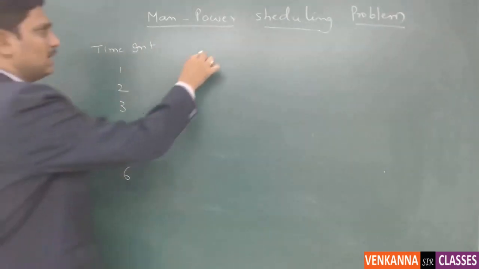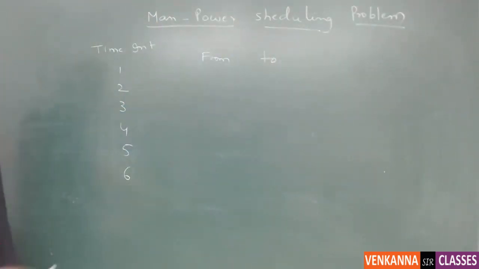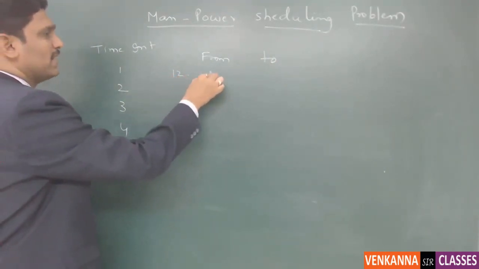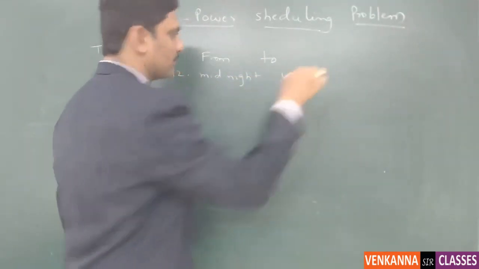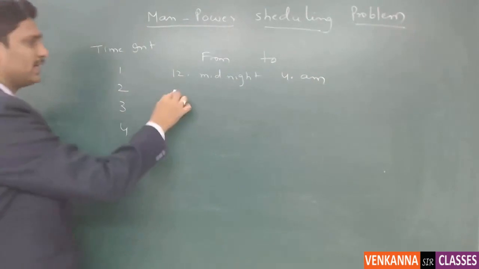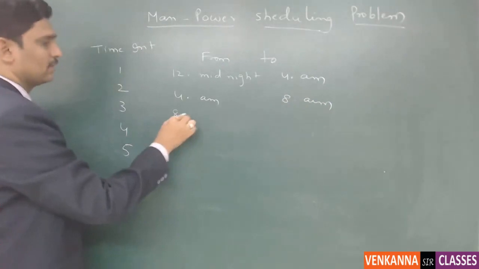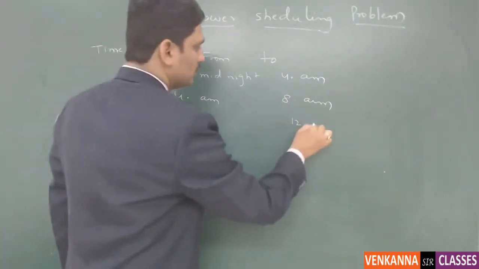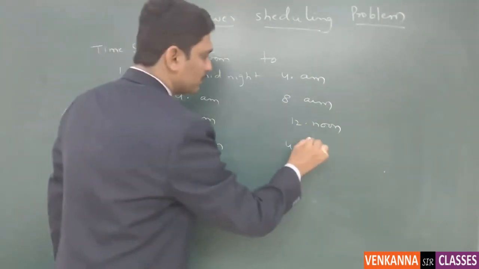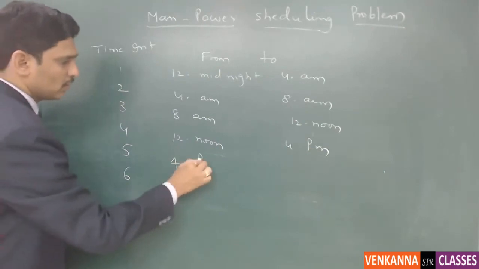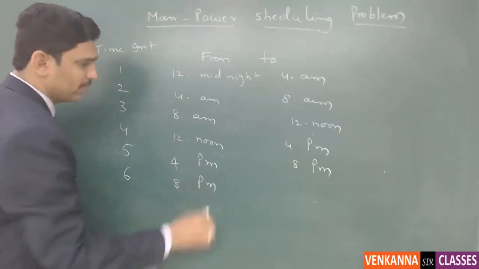We have the time period given by 12 midnight to 4 a.m., then 4 a.m. to 8 a.m., 8 a.m. to 12 noon, 12 noon to 4 p.m., 4 p.m. to 8 p.m., and 8 p.m. to 12 midnight.